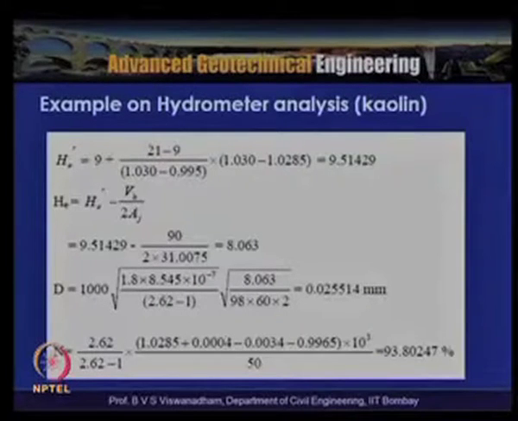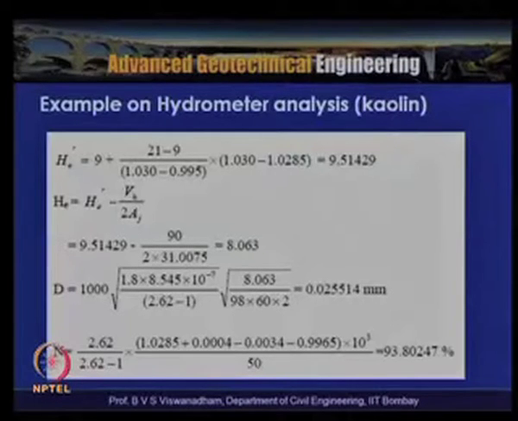So, here in this slide calculations are given, where H-E was obtained based on the hydrometer details as 9.14, and with immersion correction, that is VH by 2 Ag, it is obtained as 8.063.